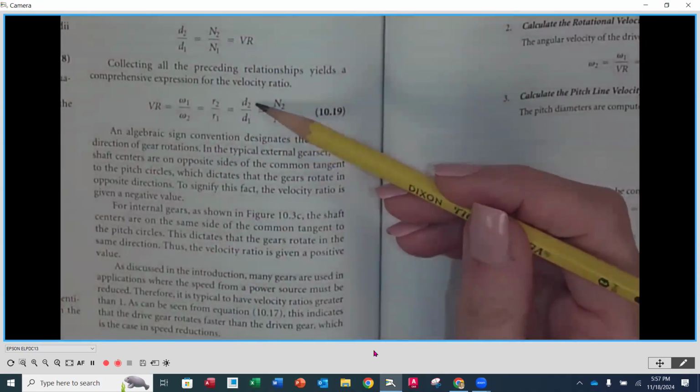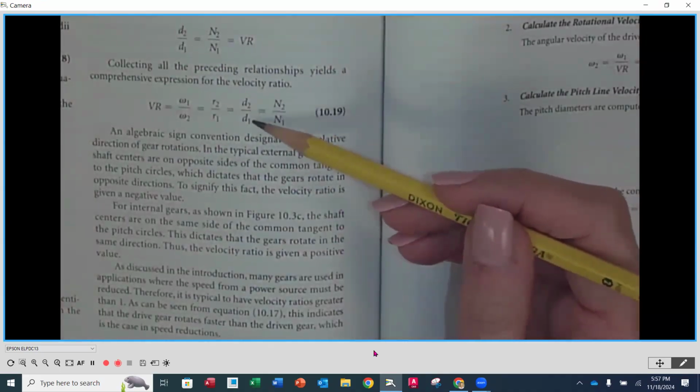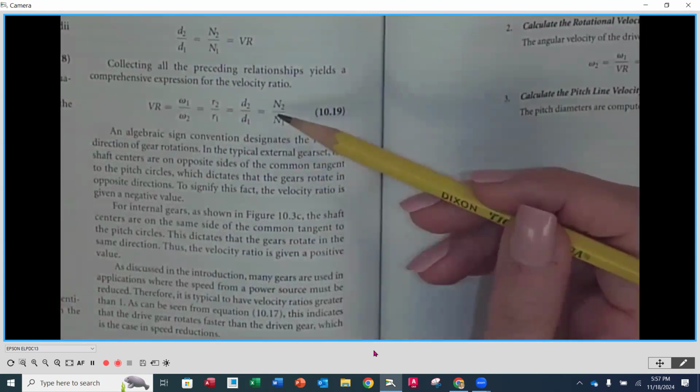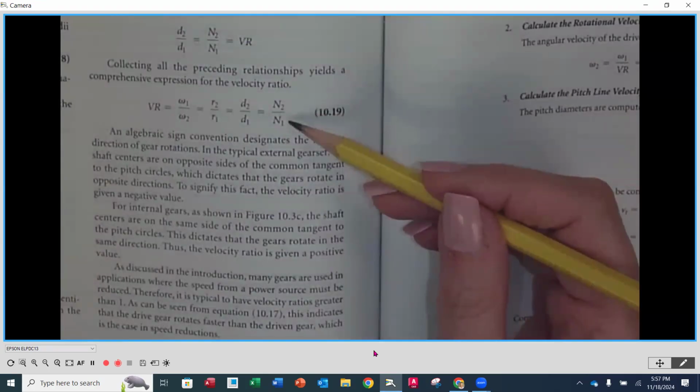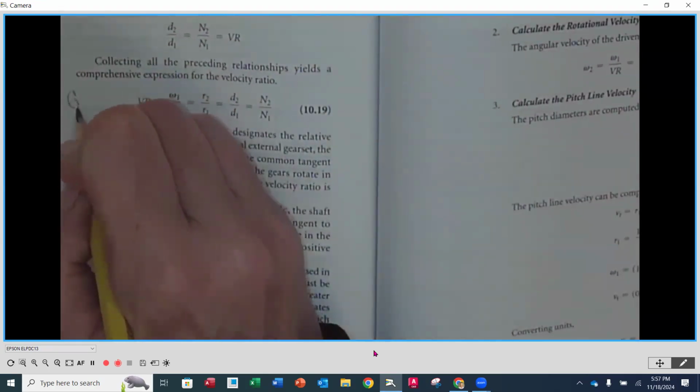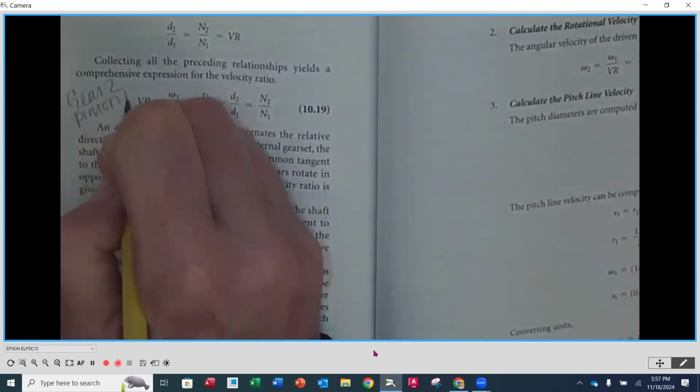Or we can compare the diameters of the gear divided by the pinion. Or we can simply count the number of teeth on the gear to the pinion. So remember, gear is 2, pinion is 1 in each one of these.